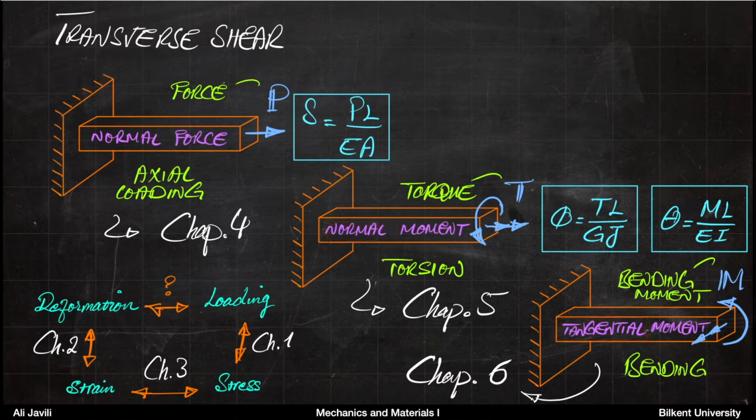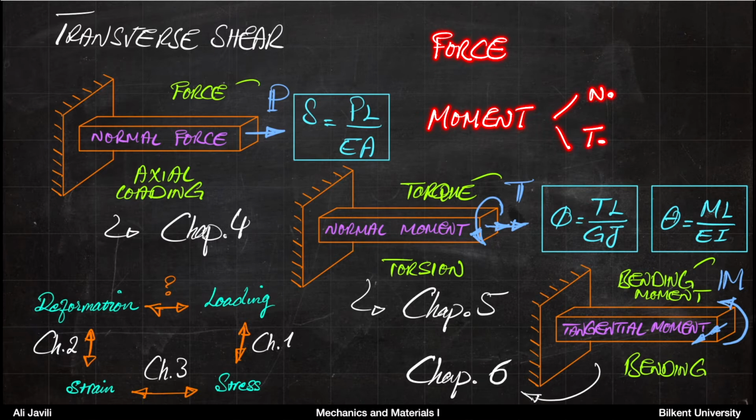So clearly now you see that we have basically 2 types of loadings, and each of them could be normal or tangential. Normal force would be axial loading, that is chapter 4. Normal moment would be torsion, that's chapter 5. Tangential moment is the bending problem, chapter 6.